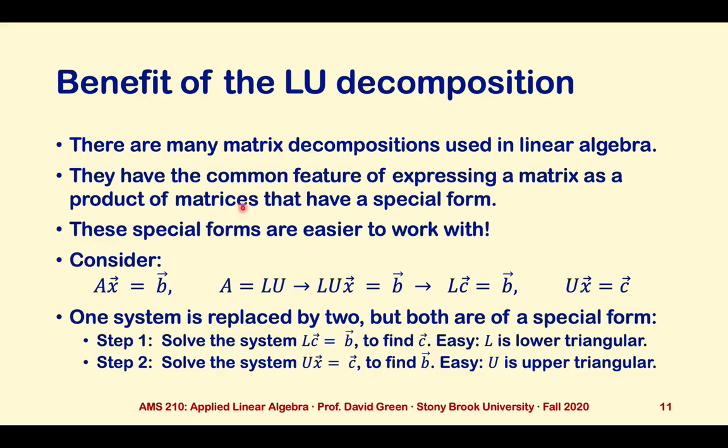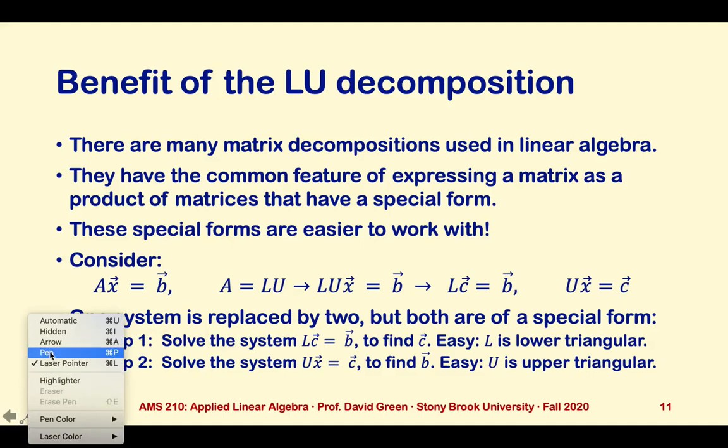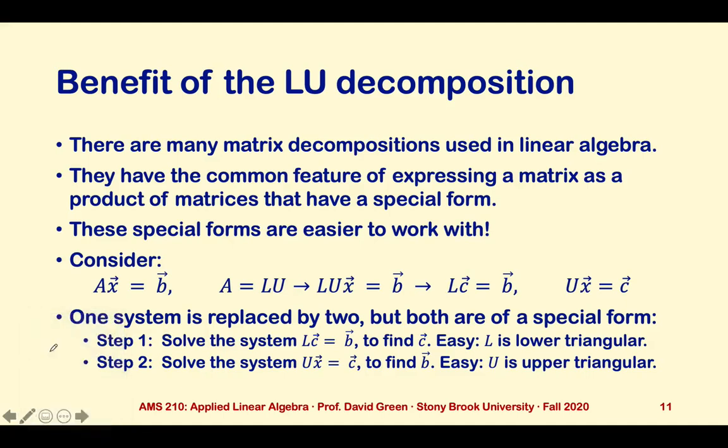So how can we get a sense of what this benefit is in the context of LU decomposition? Let's imagine that we start with a linear system, AX equals B. If we are able to factor A into a product of a lower triangular and an upper triangular matrix, this becomes LUX equals B. We can split this into two pieces.